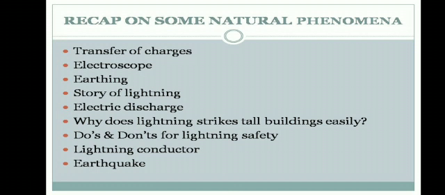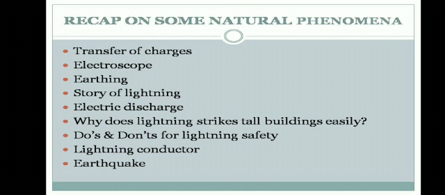When negative and positive charges meet, it results in the production of electric sparks in the form of light which is accompanied by a sound. Electric discharge. The flow of charge from cloud to cloud or from cloud to earth due to separation of positive and negative charges is called an electric discharge.